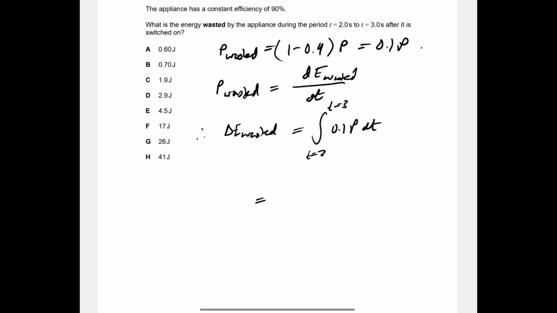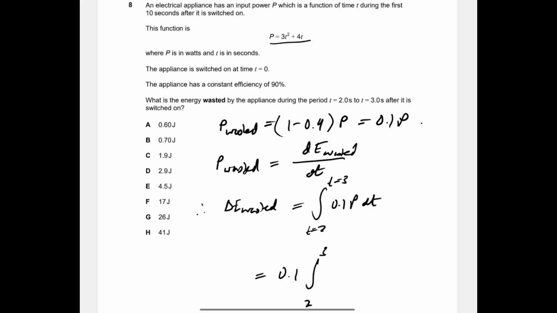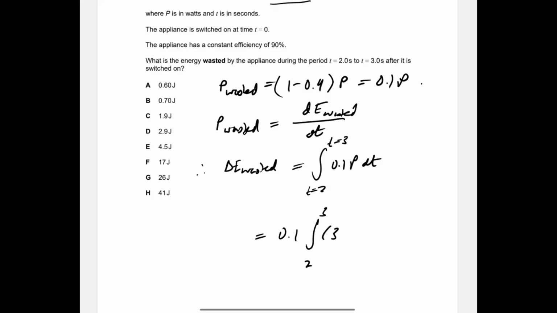That's going to be 0.1 times the integral of 3t squared plus 4t.